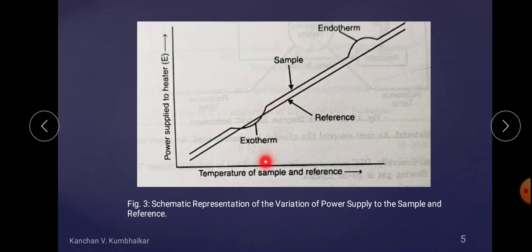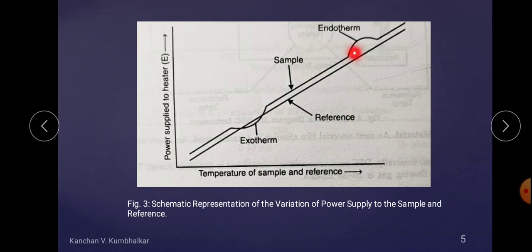Again at this temperature, the power supply to the heater for the sample and reference is exactly the same, from this area to this area. Up to this temperature, the power requirement of the heater for both sample and reference is the same.